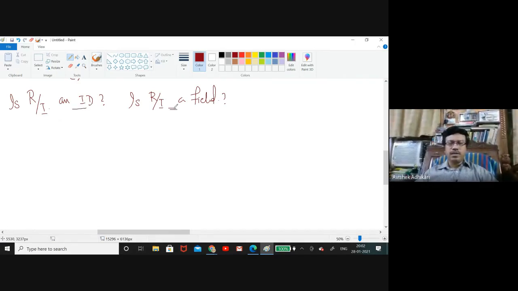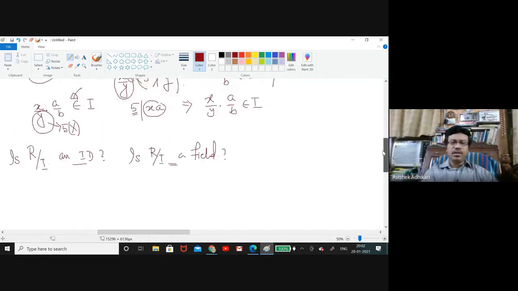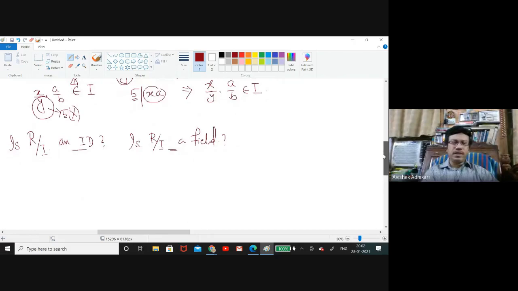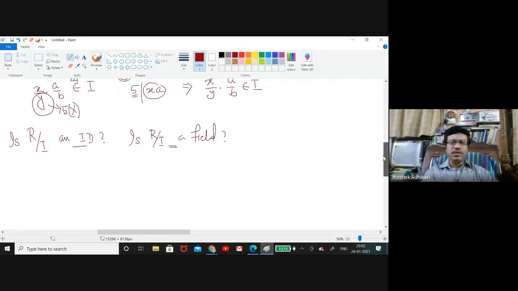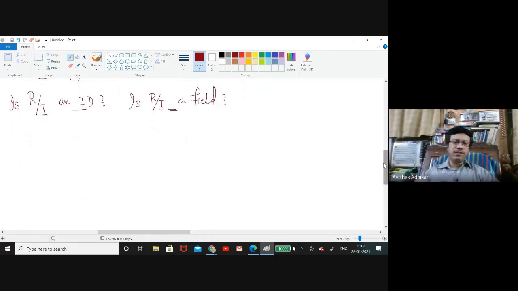If they are fields, then certainly they are integral domains. As a recapitulation of the definitions, I am just giving you some exercise to check whether they are integral domains or fields or not.